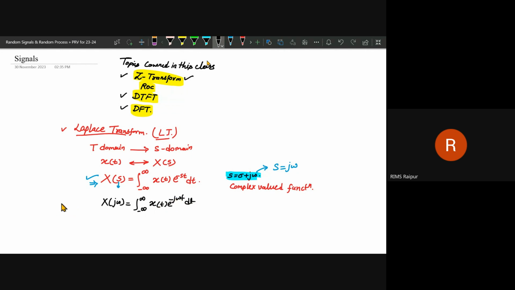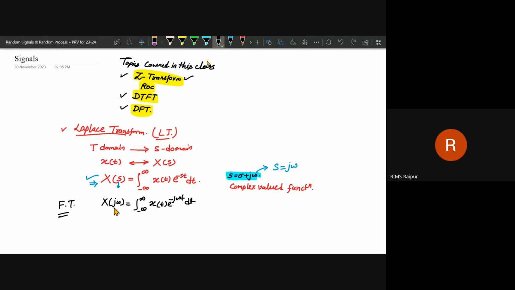And this expression gives us the Fourier transform of our signal.